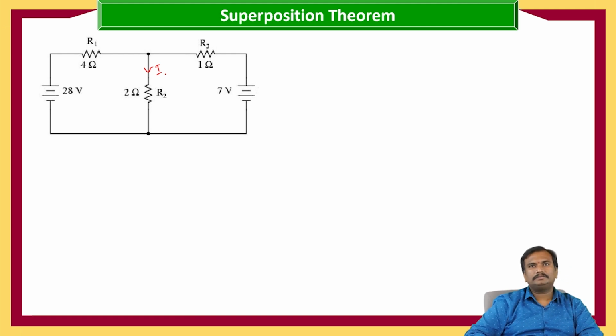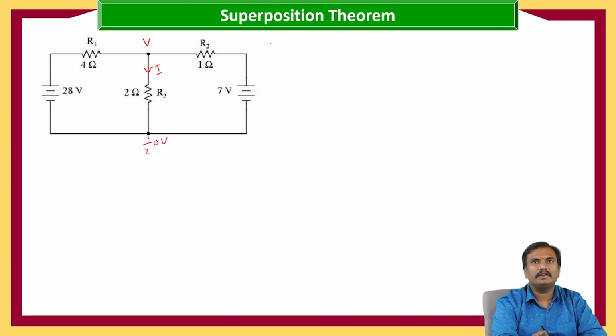Here we are going to calculate the current flowing through 2 ohms and also verify the superposition theorem. Now let us take the voltage as V and the ground voltage at 0 volts. First we proceed with when both sources are acting.